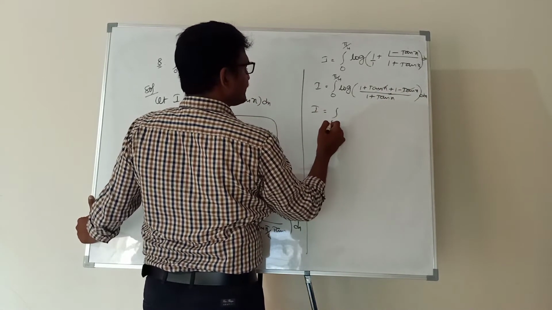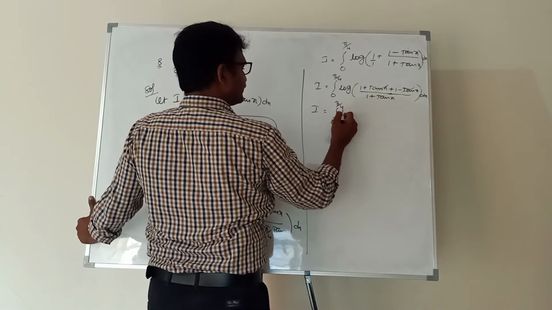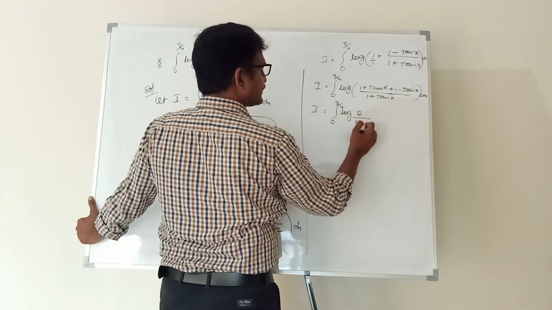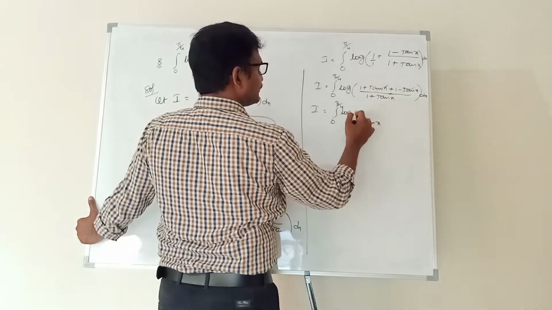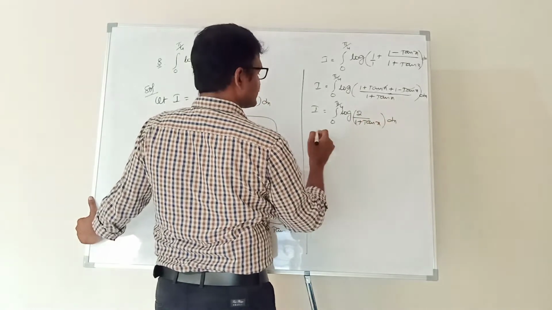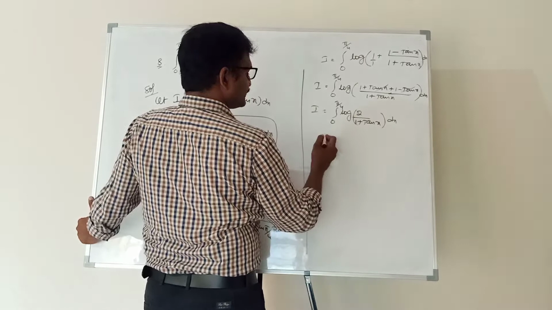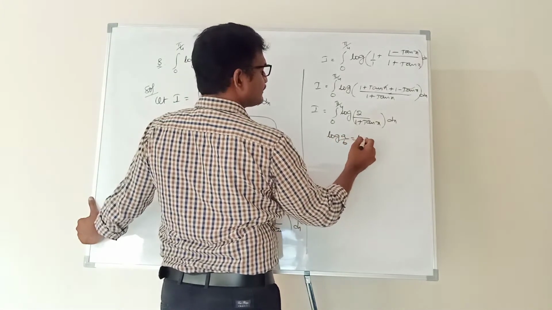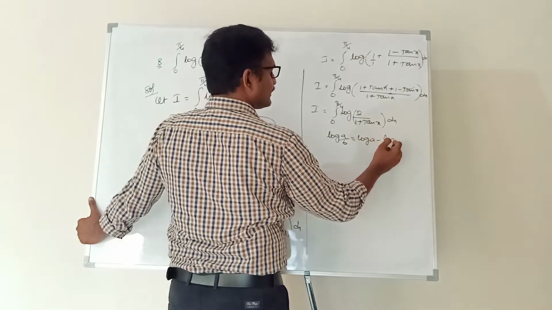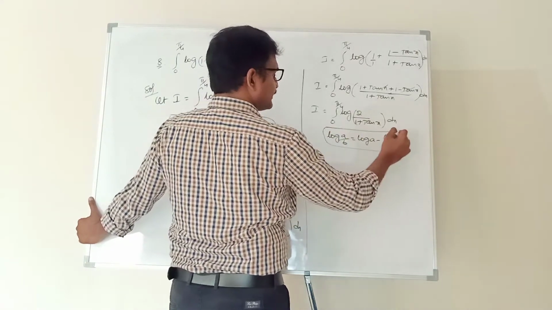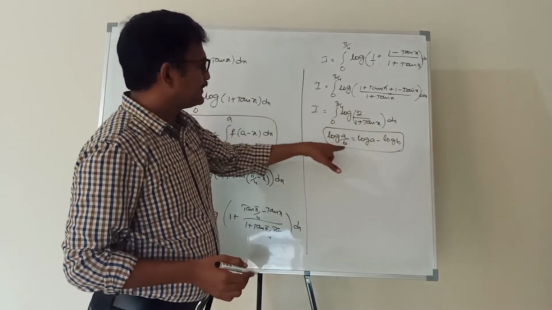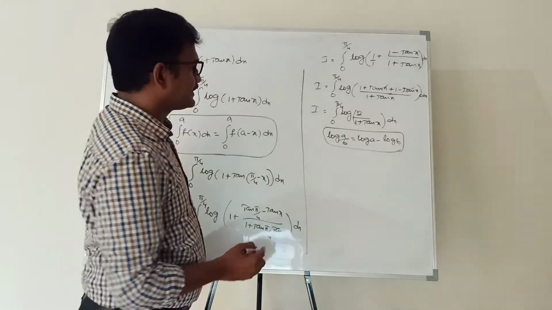I is equal to the integral from 0 to pi by 4 of log of 2 by 1 plus tan x. We know that log a by b is equal to log a minus log b.